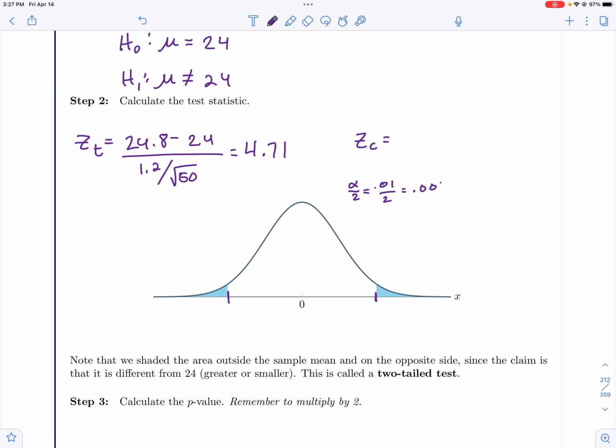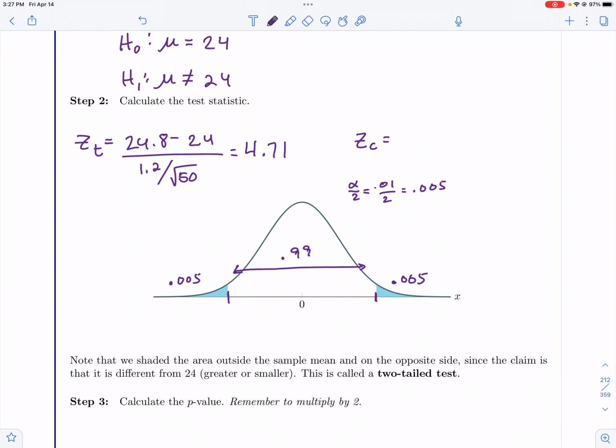So in this case, we're going to get 0.005 for the upper blue, 0.005 for the lower blue, and then there's a 99% chance of being in the white.